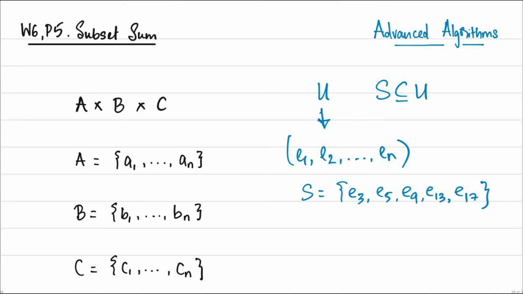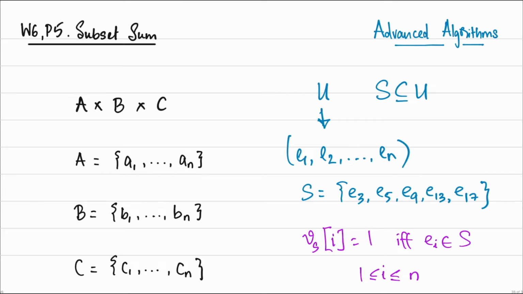Just to say that a little more precisely, in notation: the vector associated with S, its ith coordinate is going to be 1 if and only if E sub i belongs to S, for i in the range 1 to n, given that our universe has elements E1 through En.